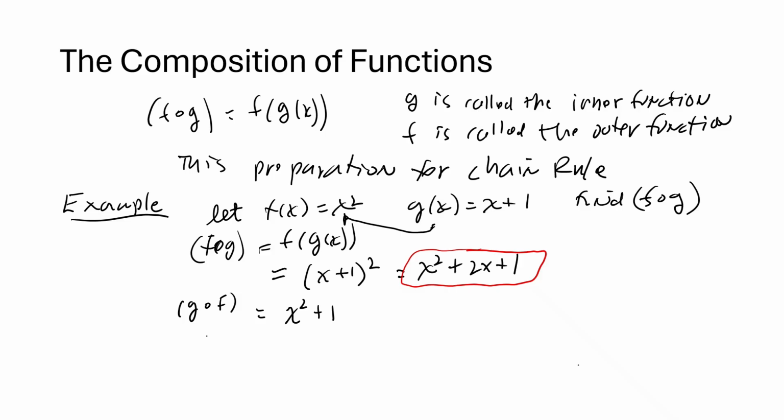We've just switched the relationship of g and f. So the outer function now becomes x squared, and then we insert x plus 1 into that. So we get (x plus 1) squared, which is g composed with f.